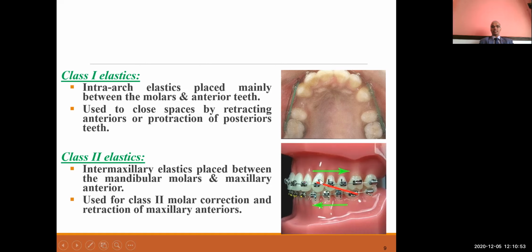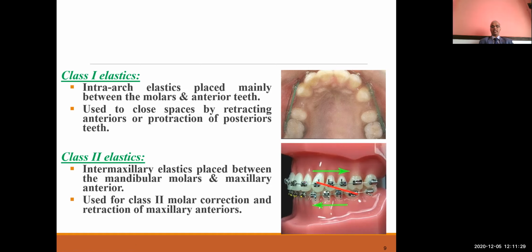Second is class 2 elastics. These are intermaxillary elastics. They are placed between the mandibular molars and maxillary anteriors. They are used for the correction of class 2 malocclusion. By this, the lower molars move in a mesial direction and the upper anteriors go in a posterior direction.